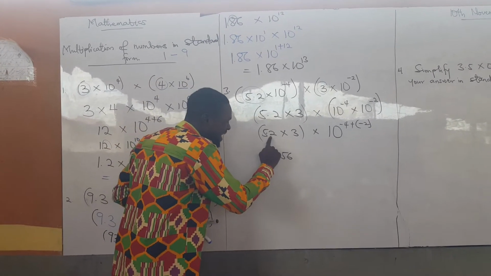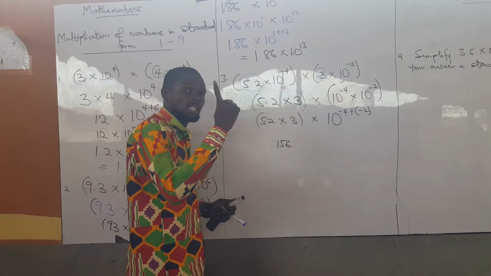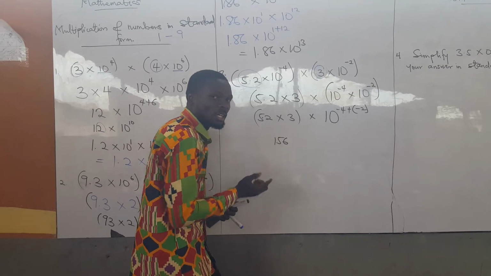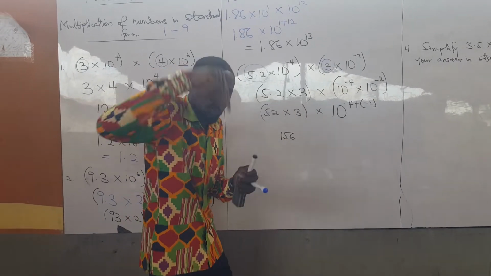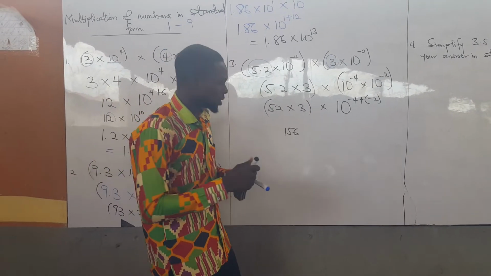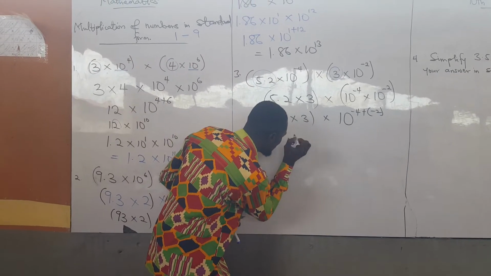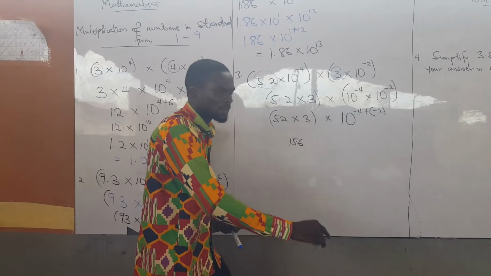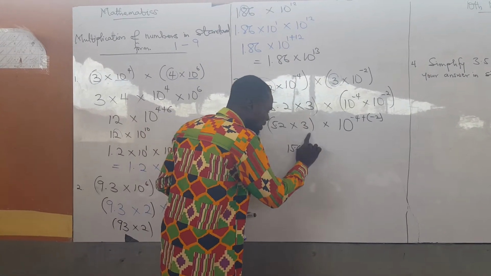So because the number after the decimal point is 1, we have to also make sure that our final answer should have only one number after the decimal point. So we are going to bring our point here, which will give us 15.6. So 5.2 times 3 will give us 15.6.